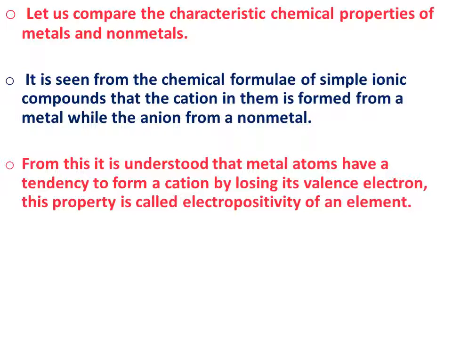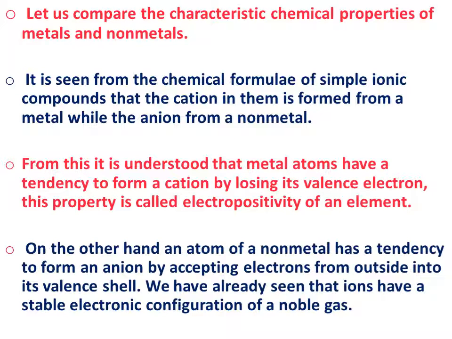This property is called electropositivity of an element. On the other hand, an atom of a non-metal has a tendency to form an anion by accepting electrons from outside into its valence shell. We have already seen that ions have a stable electronic configuration of a noble gas.